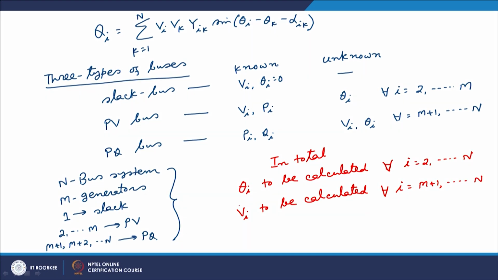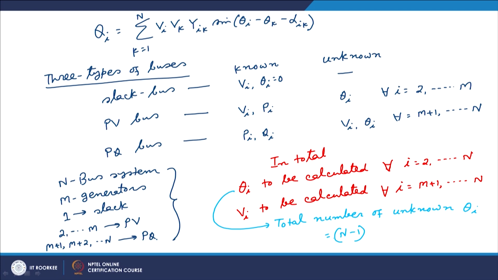Therefore, the total number of unknown theta is n minus 1.